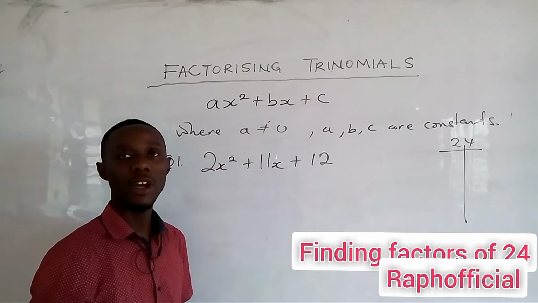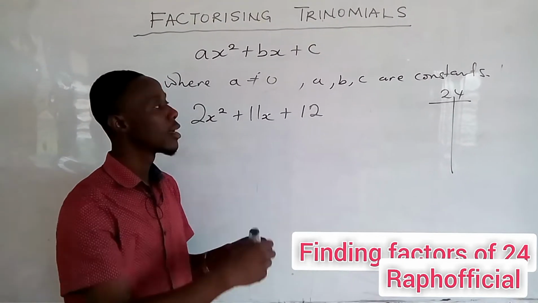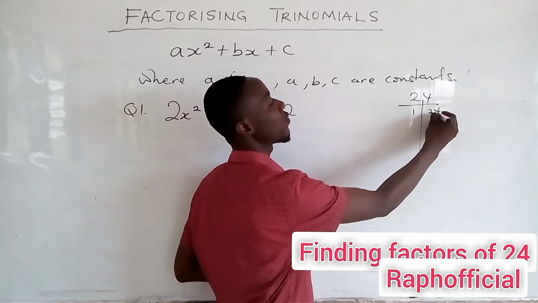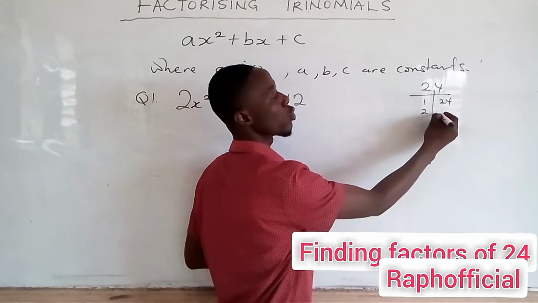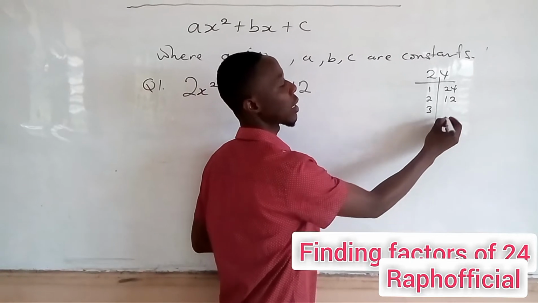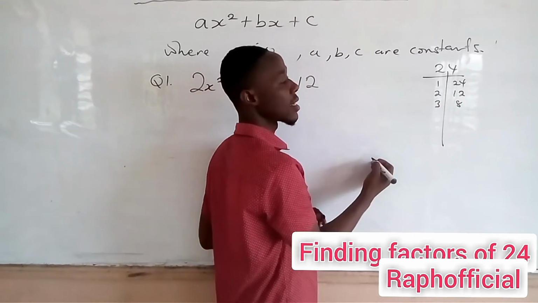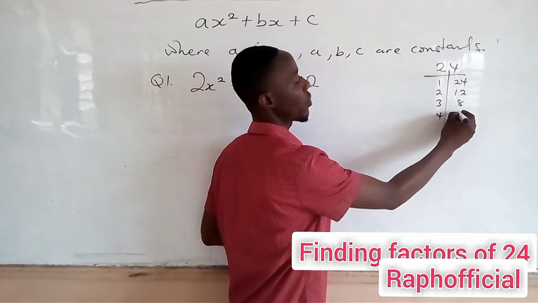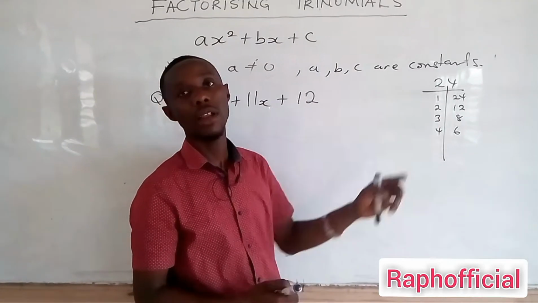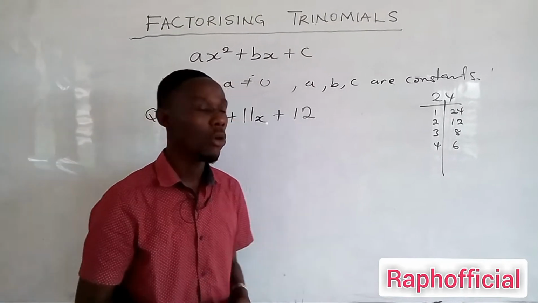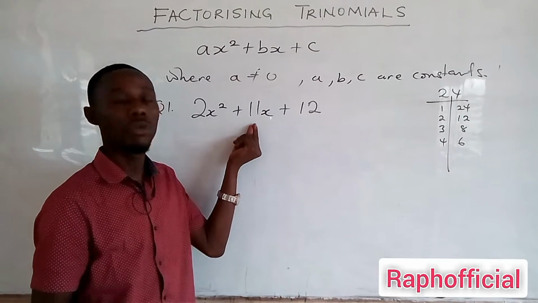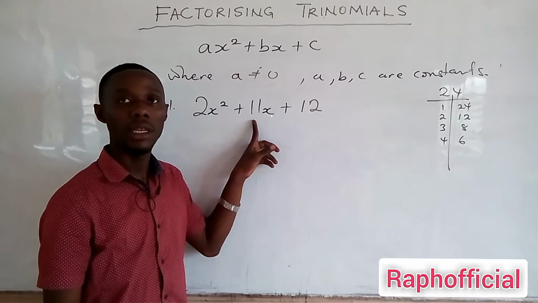So now let's find the factors of 24 in order: 1 times 24, 2 times 12, 3 times 8, 4 times 6. Now, we want two factors that, when we add, we will get 11.